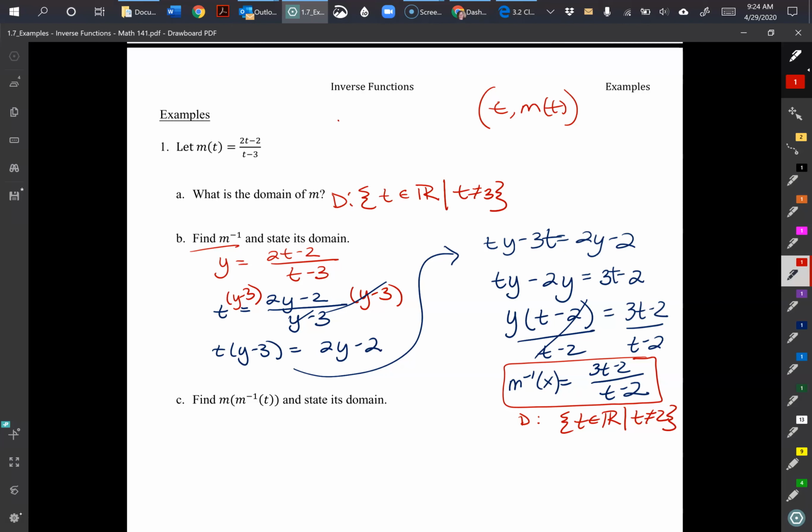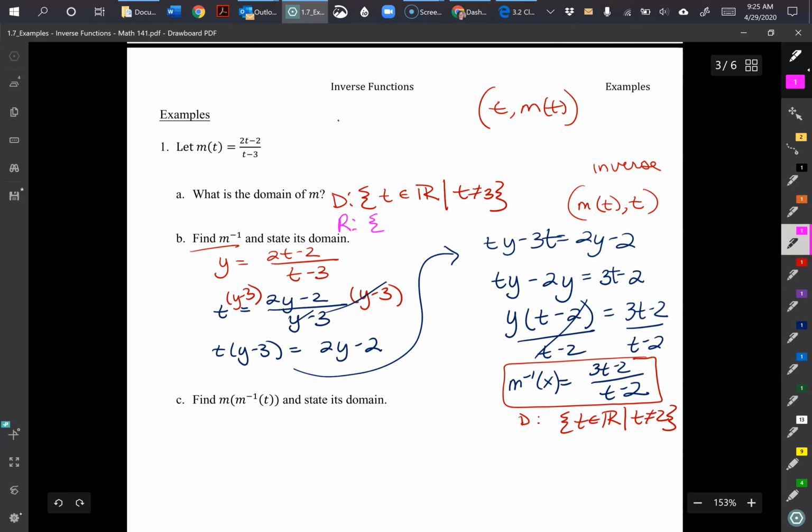But in the inverse, I'm actually making m of t the input, and then t is my output. This was the inverse. So since they switch, what my domain is for my inverse is the range of my original. So it takes a little bit of getting used to.